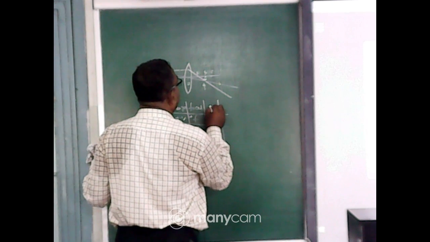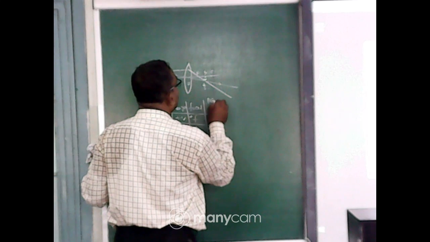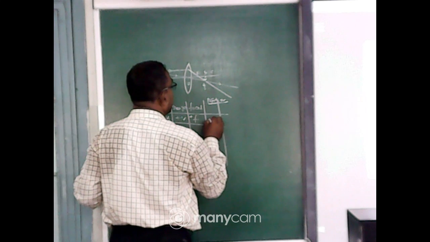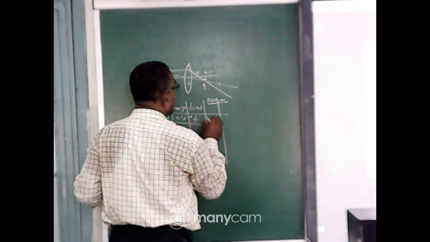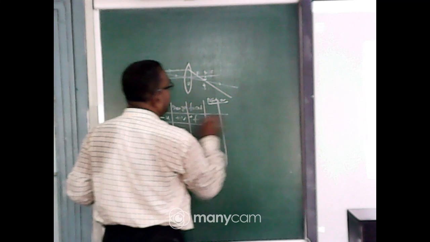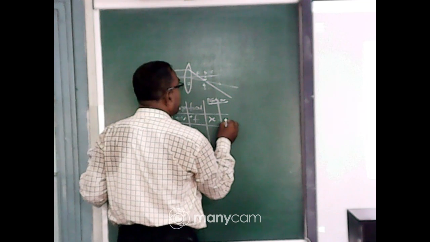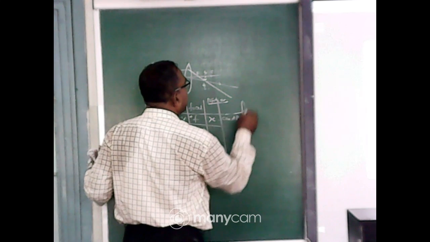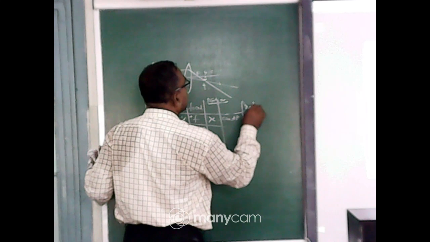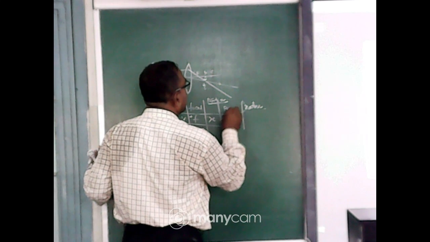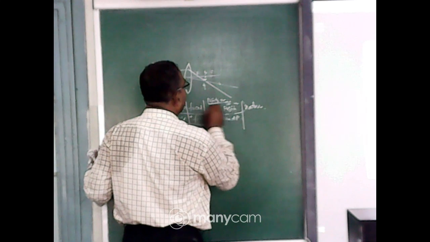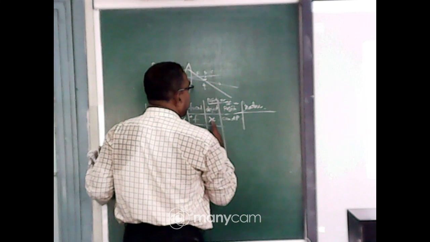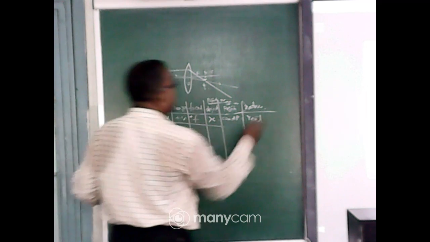Next, if the object is placed beyond the C, greater than C, then image will form in between C and F. Nature will be real. Position of object, position of image.